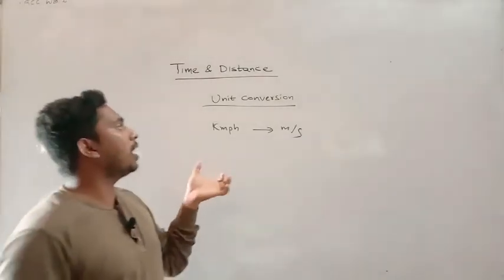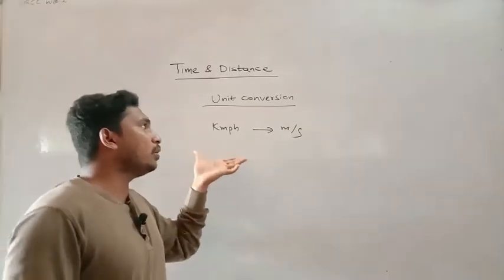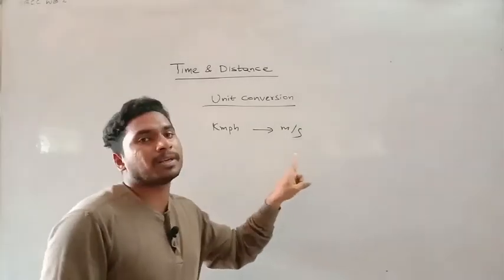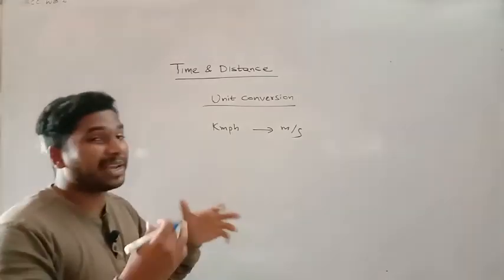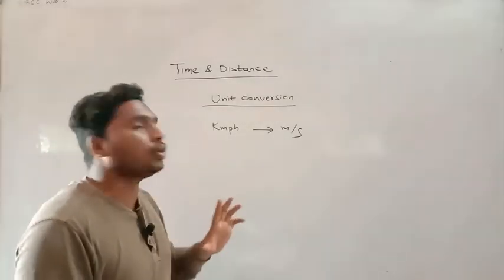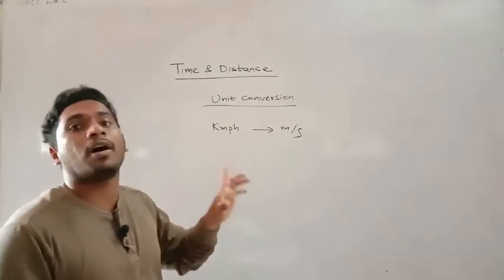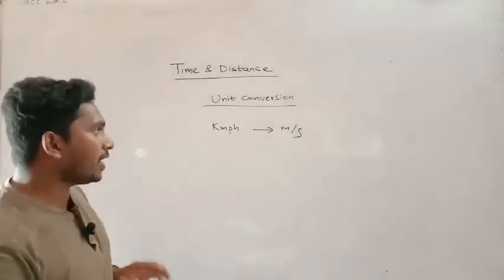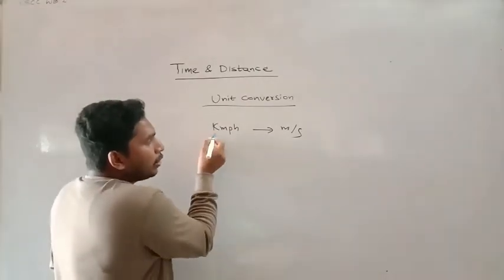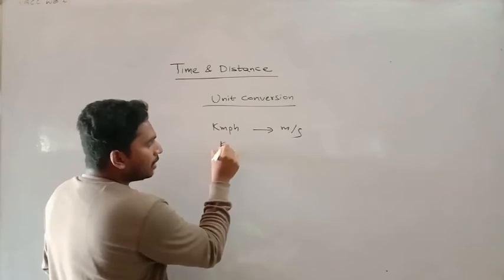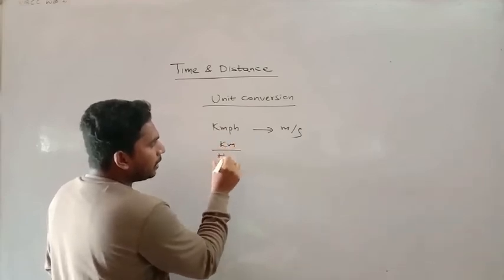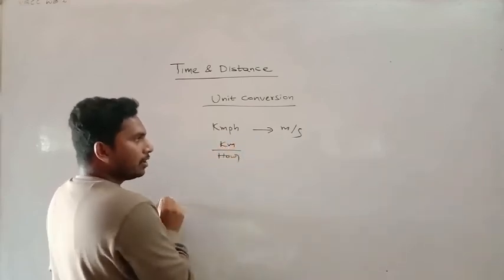In order to convert some speed in kilometer per hour into meter per second, we may sometimes get confused whether we need to multiply with 18 by 5 or 5 by 18. So think about what kilometer per hour means.